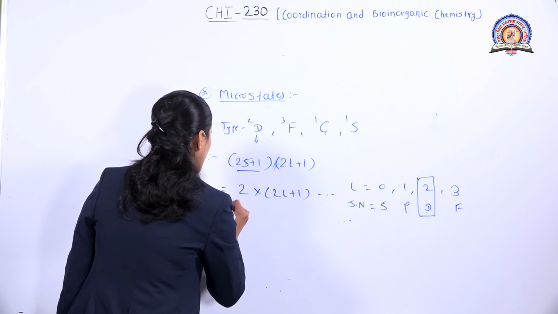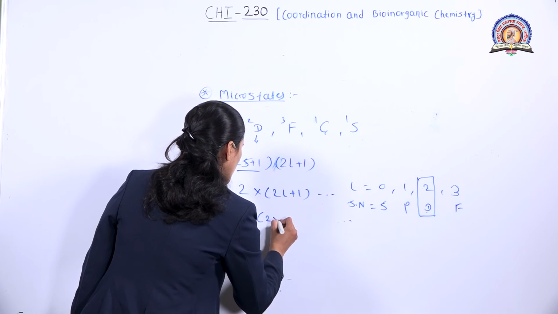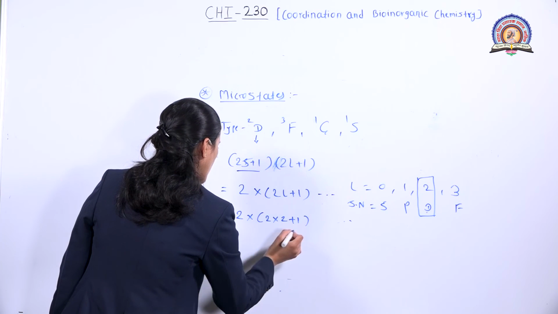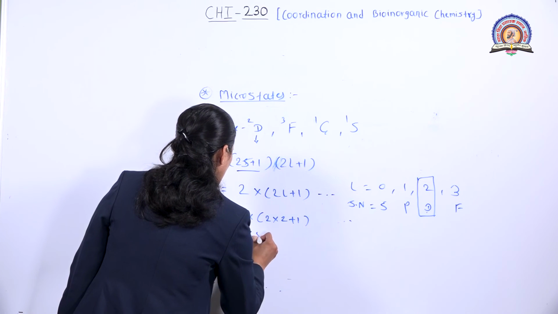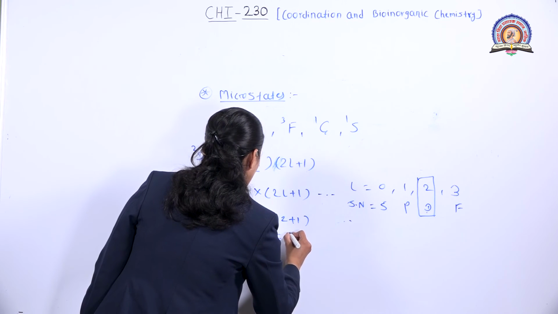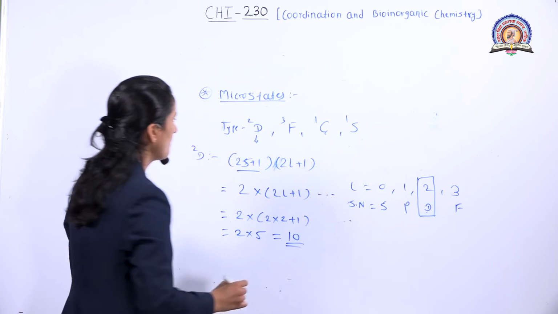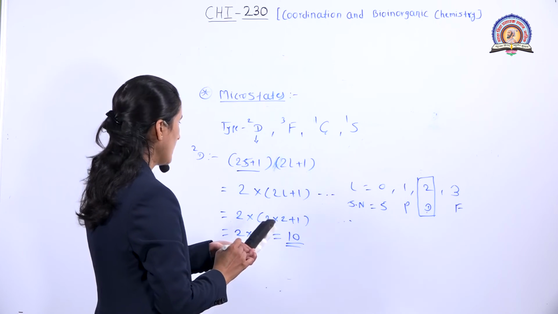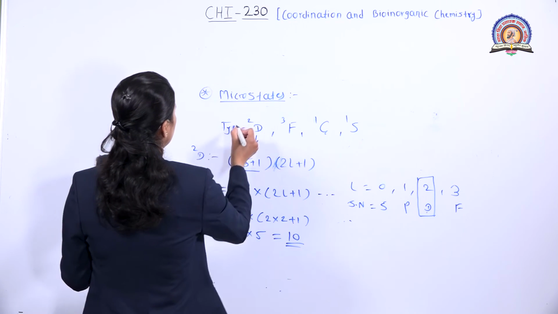Hence, 2 into 2 plus 1 is equal to 5. So 2 into 5 is equal to 10. So the total number of microstates for the D2 term is 10. This is the third type.